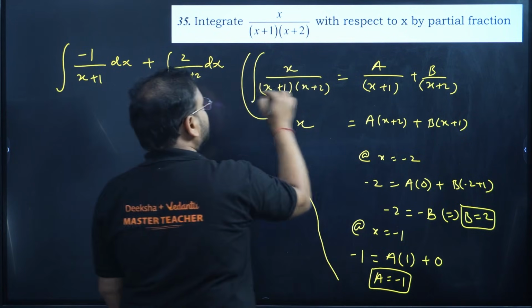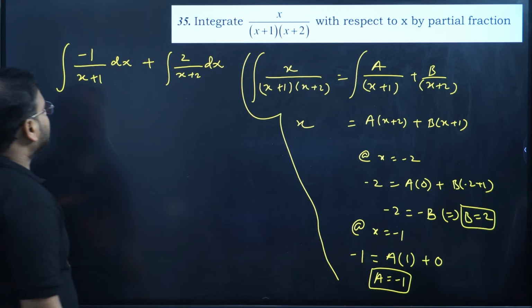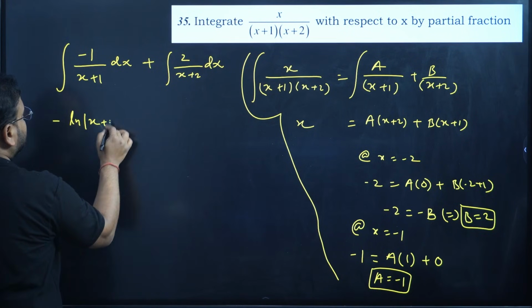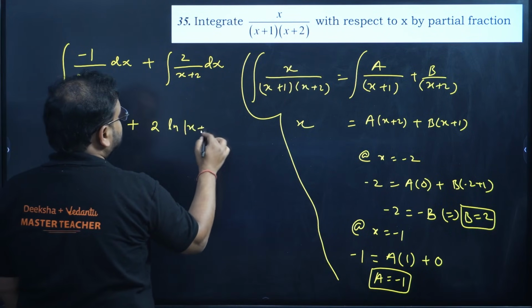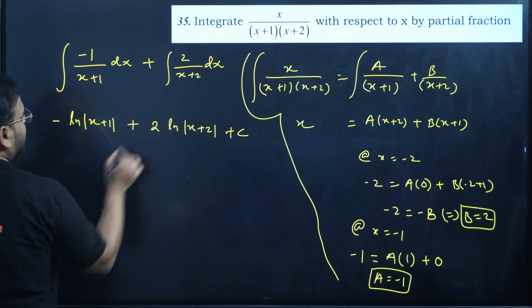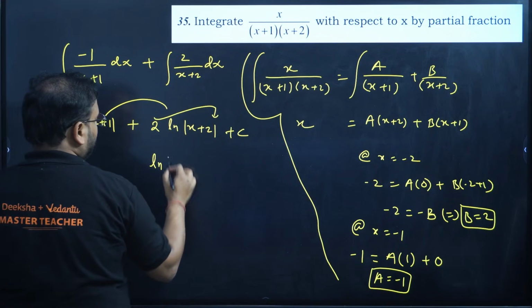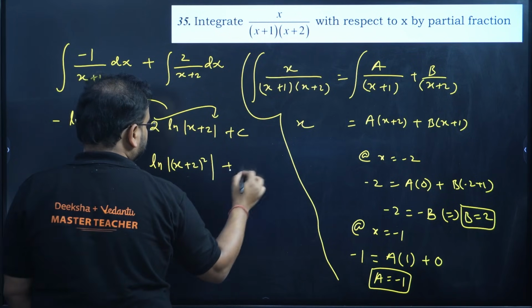Now this will become minus ln of x plus 1 plus twice ln of x plus 2 plus c. Combine these two. First you're going to move this 2 over here, so you'll have ln of x plus 2 the whole square plus c.